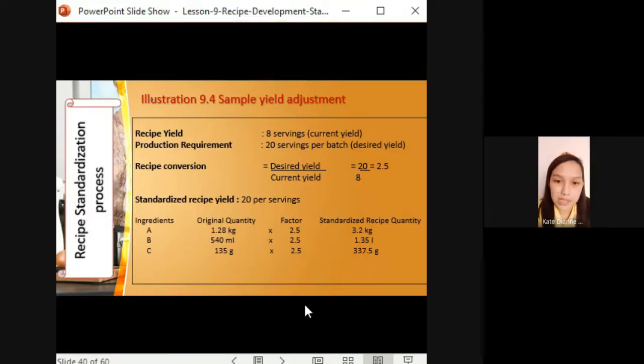So, ang lalabas kasi dyan, 540 multiplied by 2.5 is 1,350, di ba? Yes, ma'am. So, convert natin into liter. So, this will be 1.35 liter. Okay na?